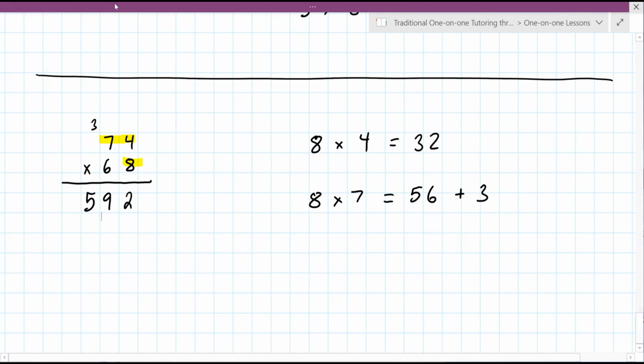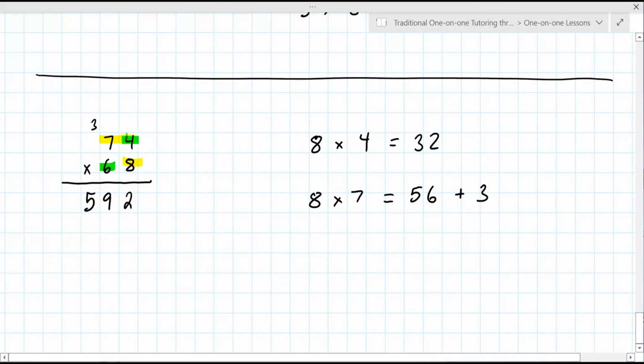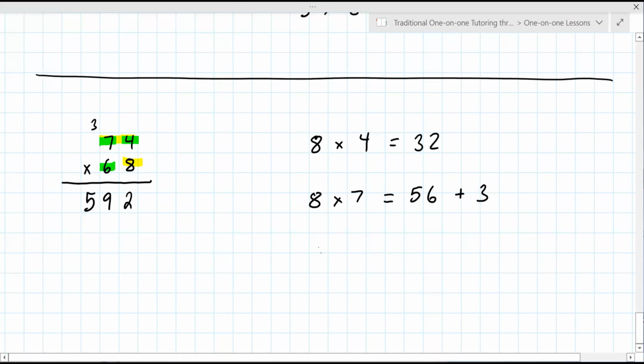Okay, so now that we've done that, we take the 6 and multiply it by the 4 and the 7. So we're going to do 6 times 4 and then 6 times 7. And there's always a 0 that gets put down in this position. So what is 6 times 4? 24.